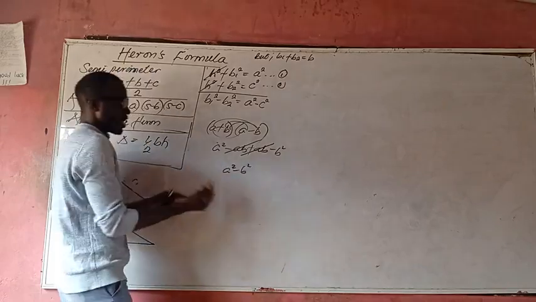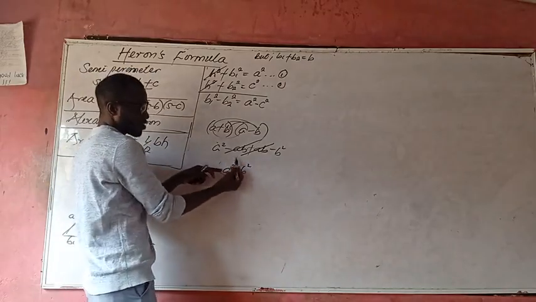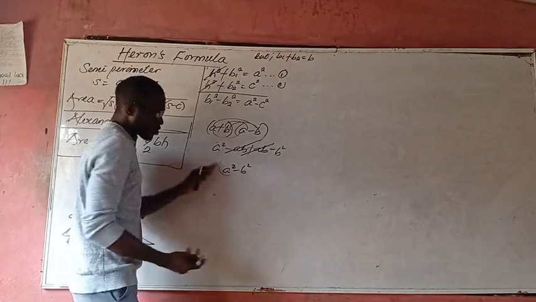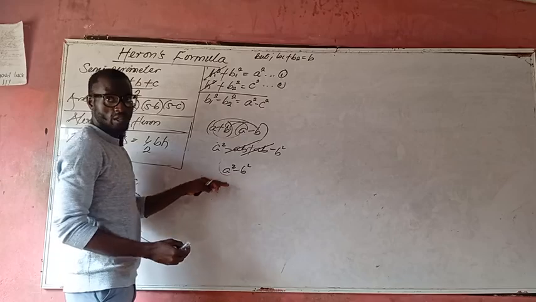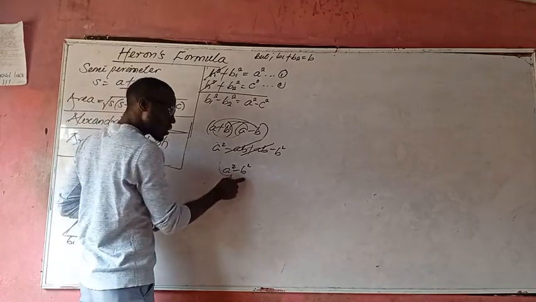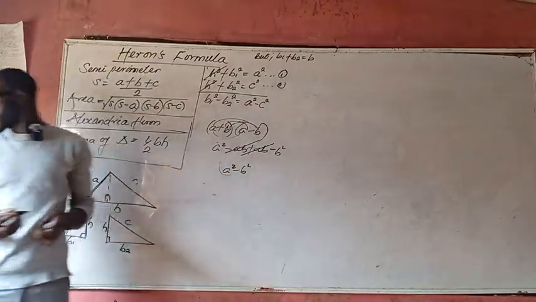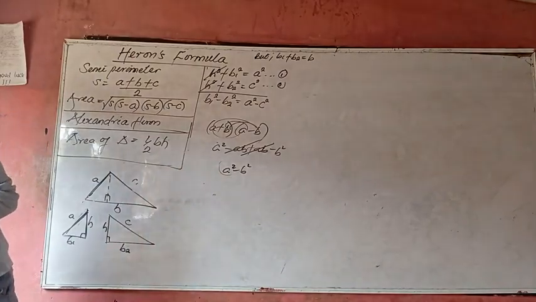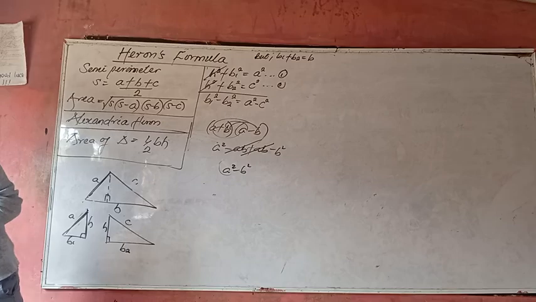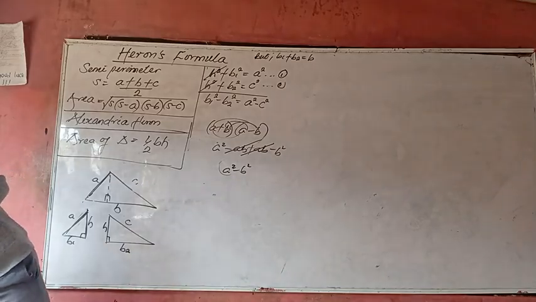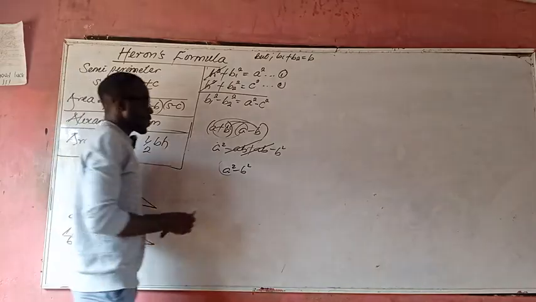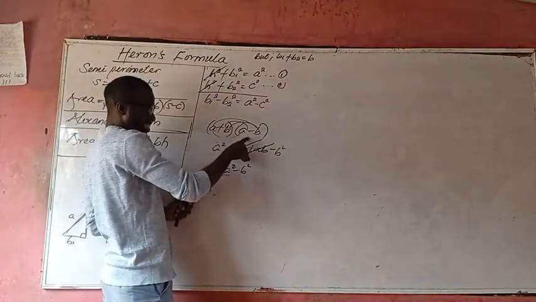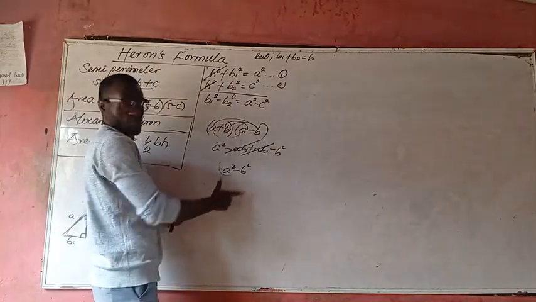So it is such that anytime you have a difference of two squares, make sure you understand this concept because I'm going to be using it a lot. This is the expression for the difference of two squares.